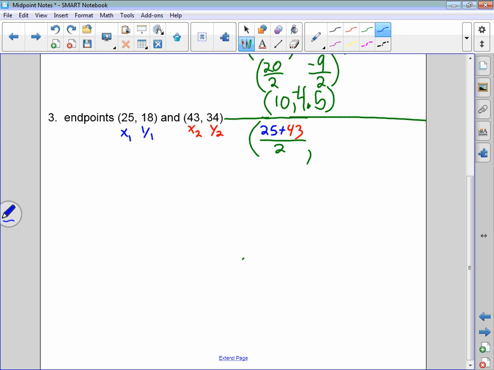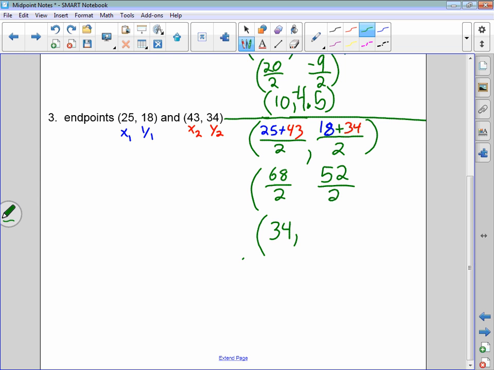Set up the second part as 18 plus 34 divided by 2. 25 plus 43 gives us 68 divided by 2. 68 divided by 2 gives us 34. 18 plus 34 gives us 52. And 52 divided by 2 gives us 26.